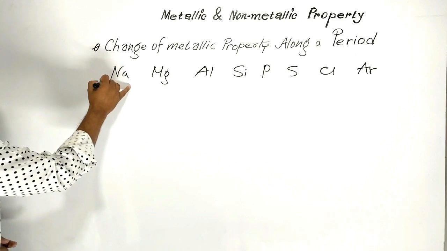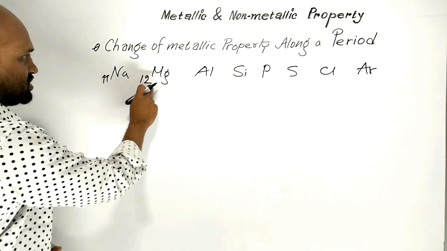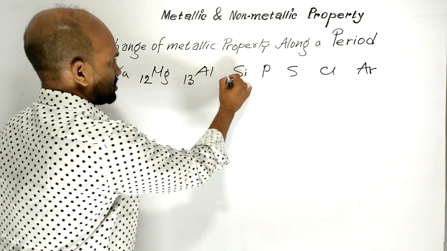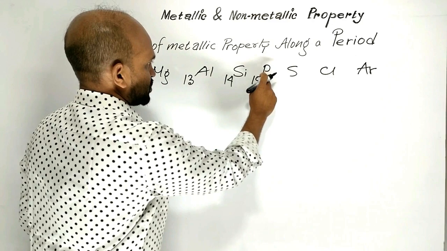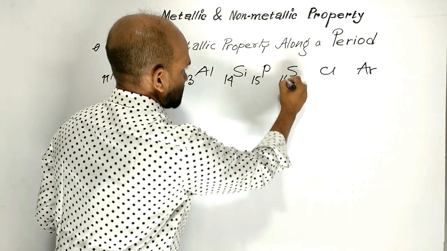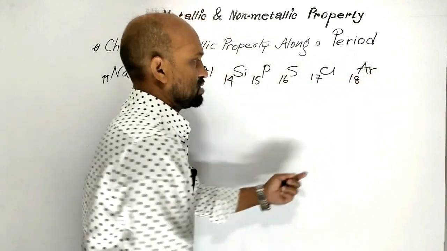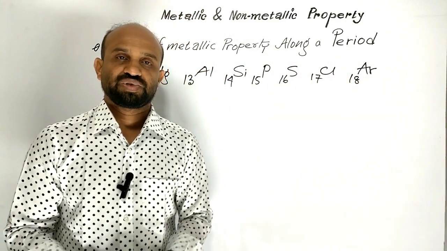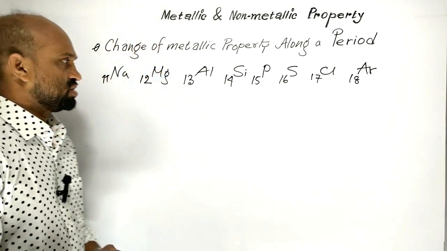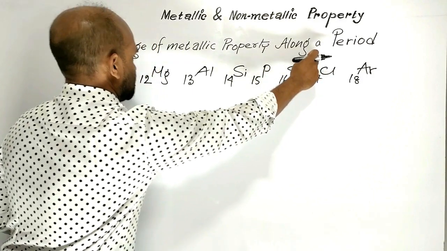Atomic number of sodium is 11, 12 for magnesium, this is 13, 14, 15 for phosphorus, sulfur 16, 17, 18 for argon. What is the fashion of changing metallic property from left to right along a period?